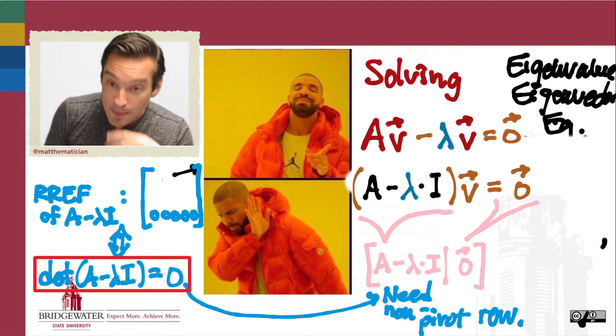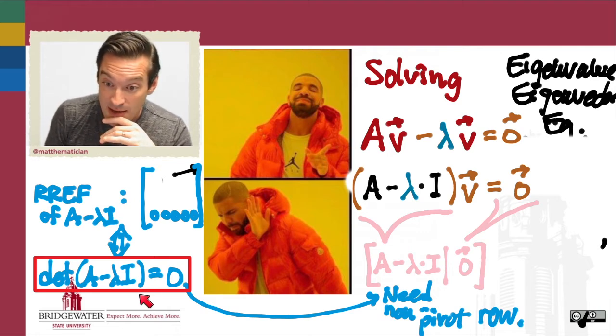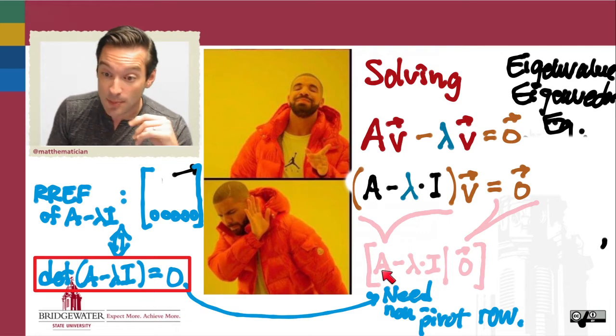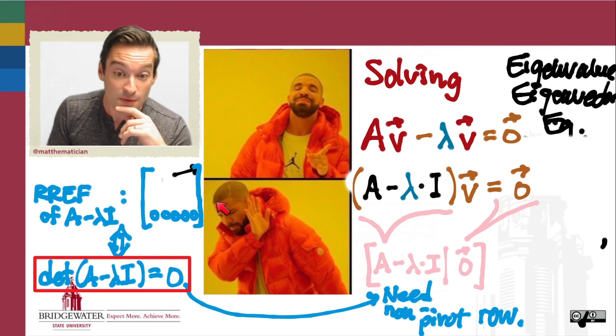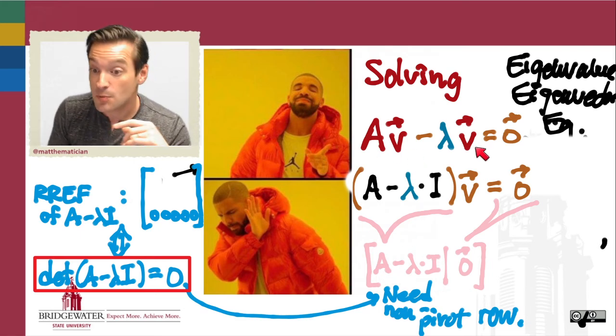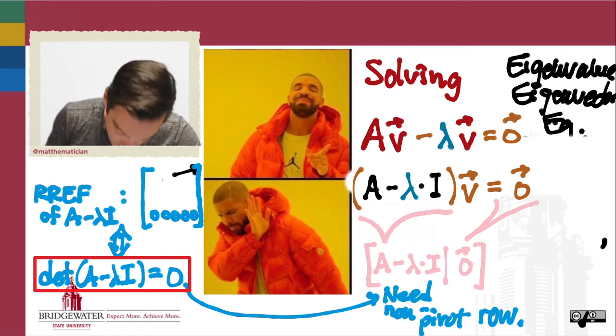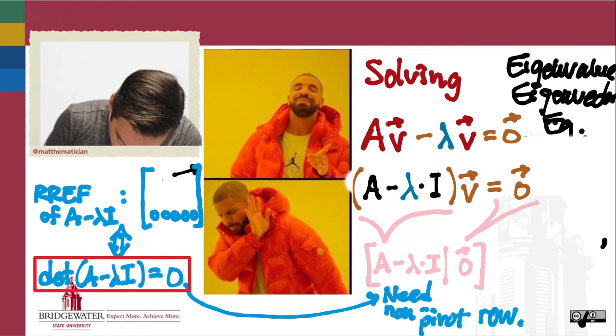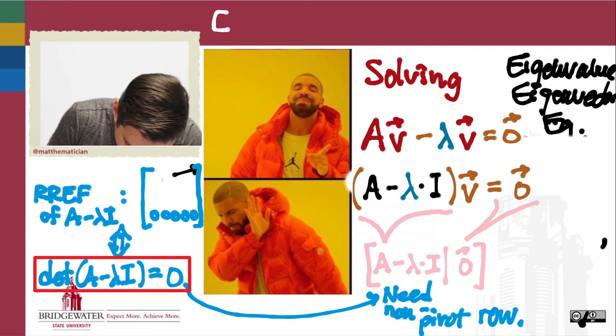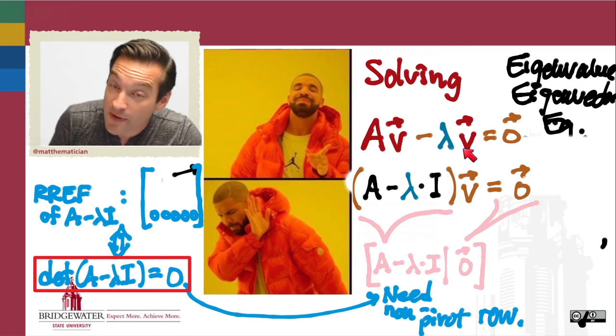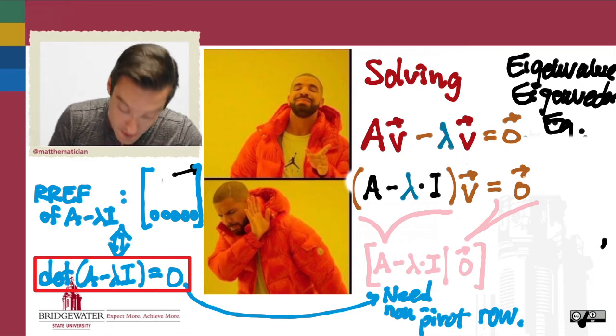So this thing in a box here, the determinant of A minus lambda I equals 0, is what ensures a non-pivot row in this, which ensures infinitely many solutions to this equation, which ensures a non-zero solution to this equation, which is what we want. So the first thing we observe is that we're going to be able to find eigenvalues and eigenvectors by finding non-zero vectors v which solve the eigenvector-eigenvalue equation.